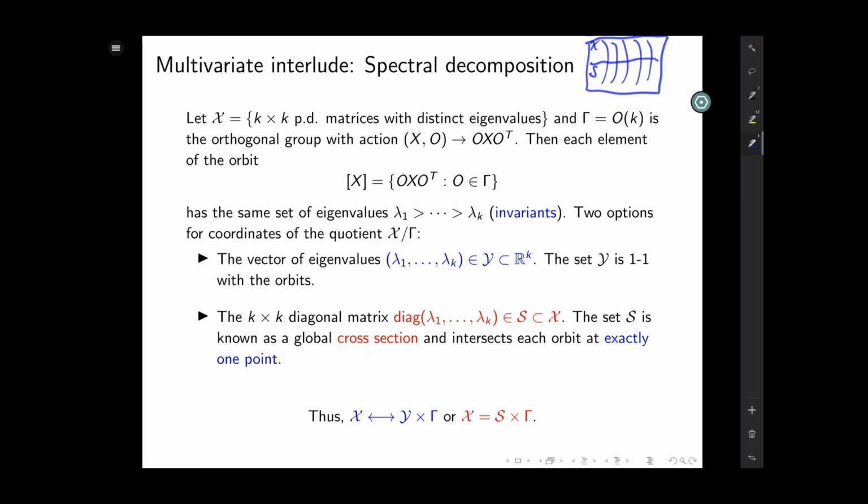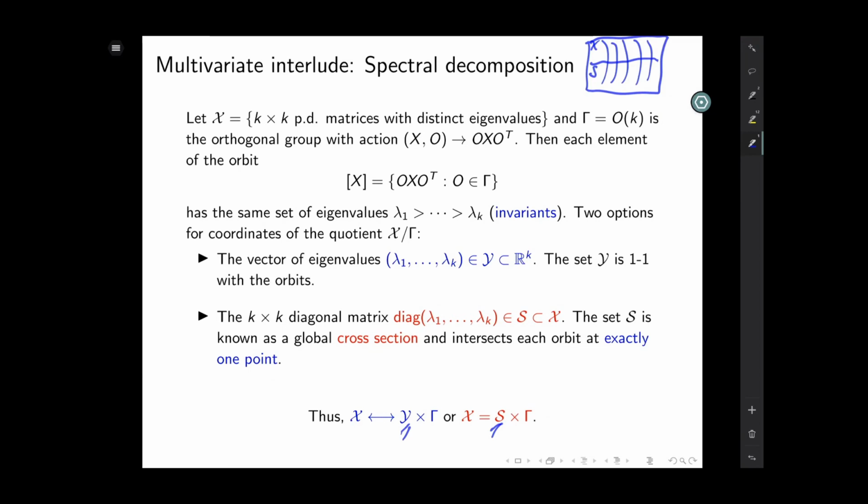On the other hand, here, since I've identified S with a subset of X, I in fact have a decomposition of the space as a product space. So I start off with my space X, and then I end up with shape coordinates. Gamma is the nuisance. I can sort of ignore it if I can do this kind of decomposition. Okay, so that is the main idea here.